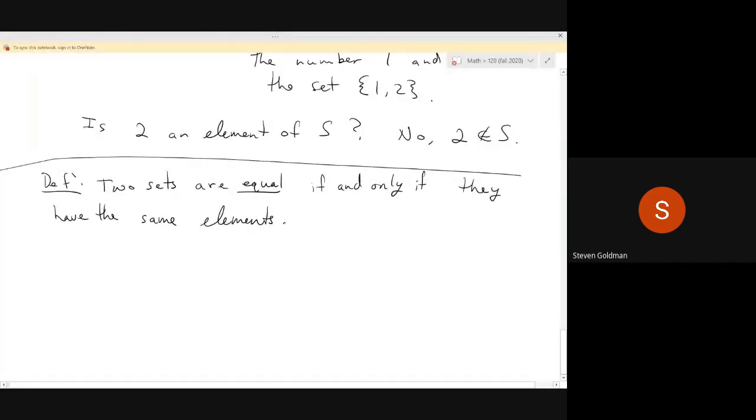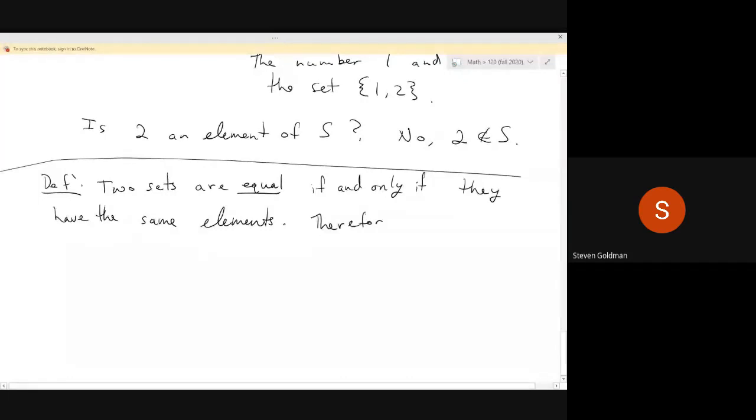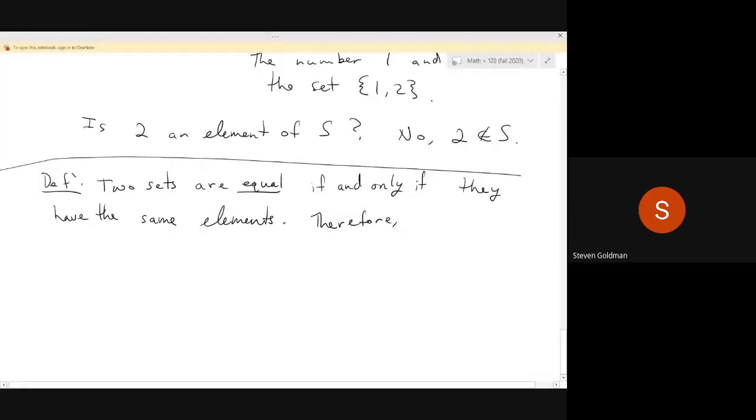So therefore, we can write this out using logic.